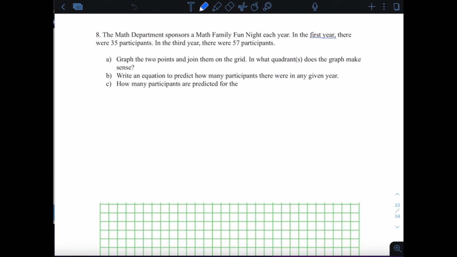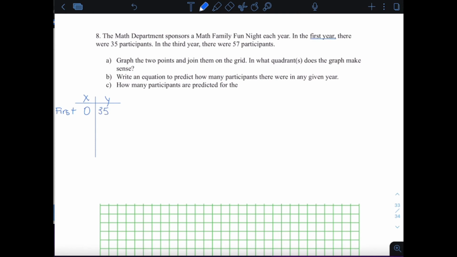I would recommend that before we plot it, let's make a table. So in the first year, I'm going to actually call my x value 0. So that's going to be year 0. I'm going to think of it as an initial value. There were 35 participants. Then we would have the second year.